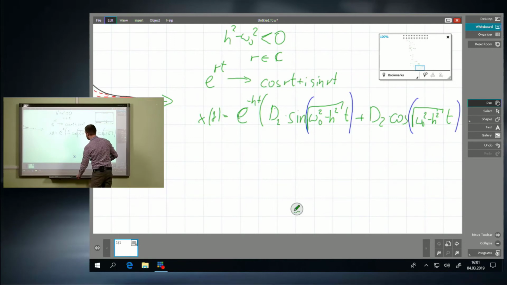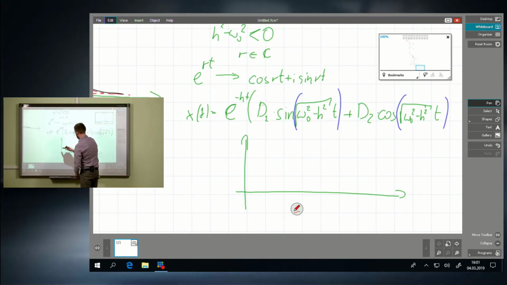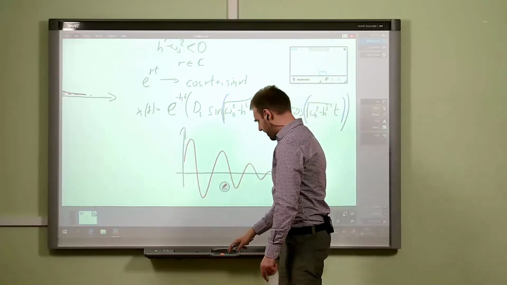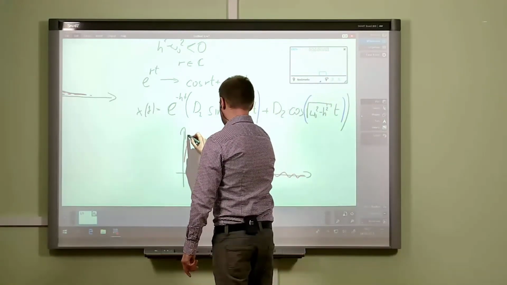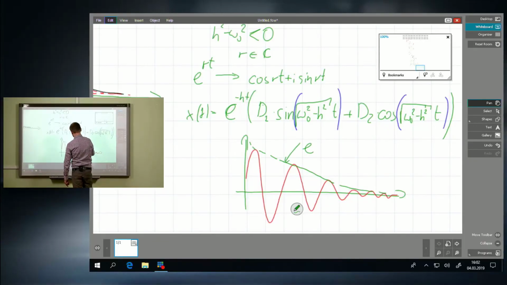We see that it's some kind of combination of vibrations and exponent modulation. It will look like that. I mean that oscillation due to that thing is here, and it's modulated by the negative exponential function given by minus ht.